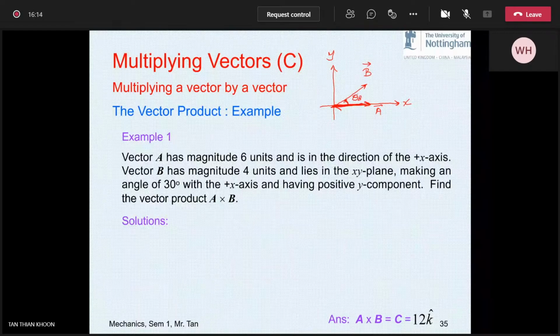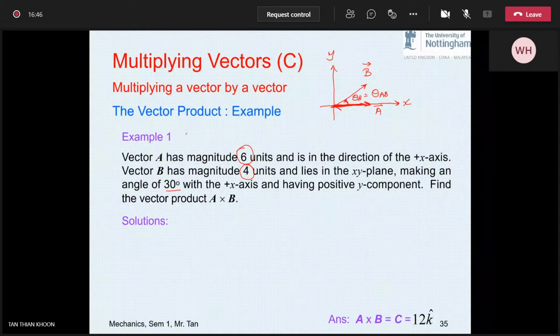And from this diagram, it is also the angle between vector A and vector B. So it is very obvious now, correct or not? We were given the magnitude of both vectors, and now we also know the angle between them.